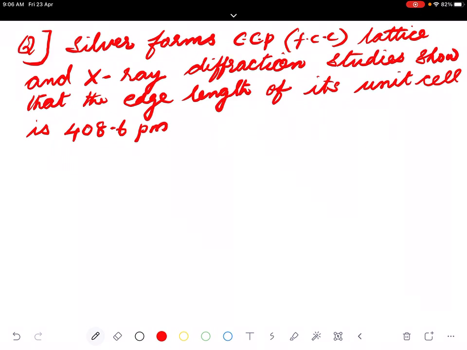One picometer is 10 to the power minus 10 meter, that means 10 to the power minus 10 centimeter. Calculate the density of silver metal.